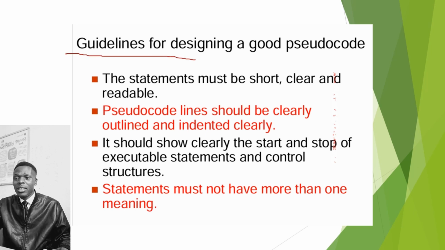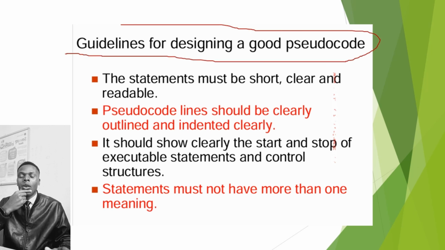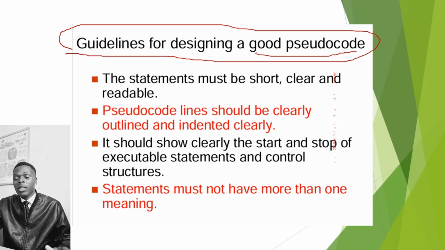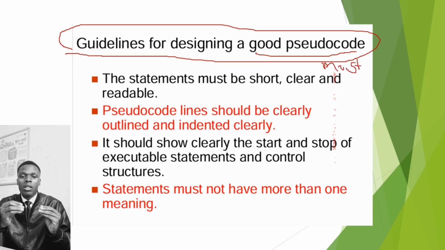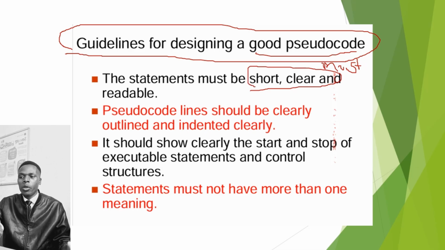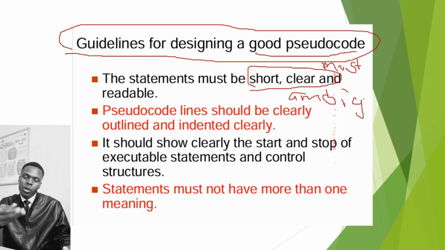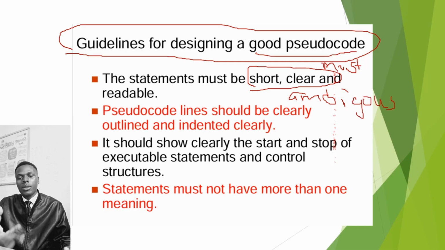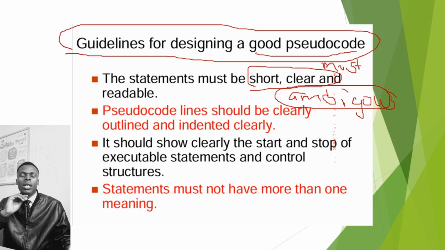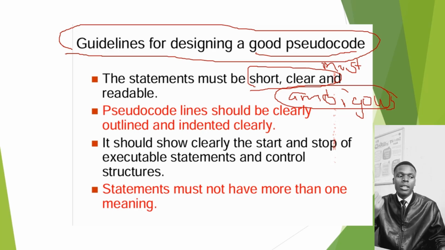Guidelines for designing a good pseudocode. What must be there? The statements must be short, clear, and readable. That is basic. We don't have to use words that are tricky to impress the marker that you know a lot of English. Use simple statements, as this is an elementary topic.